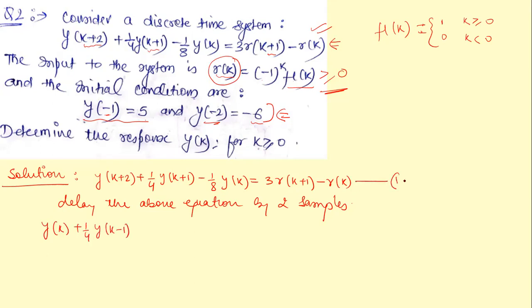This is, for example, equation 1, right? Minus 1 by 8 y[k-2] is equal to 3 r[k-1] minus r[k-2]. Okay, so this is equation 2.